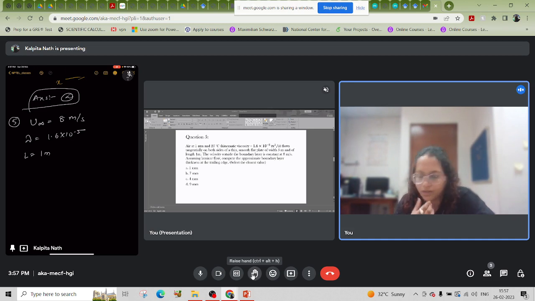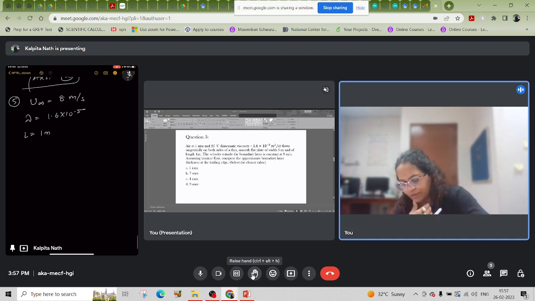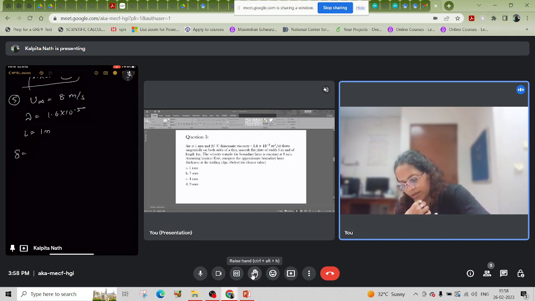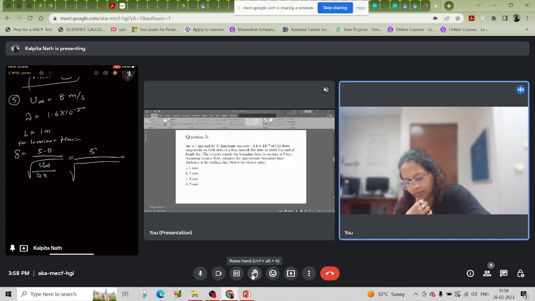It's given, right? So therefore delta, and it is already said that the flow is laminar. So for laminar flow, delta is 5.0 by root over u infinity by nu x. That is 5 by root over 8 by 1.6 into 10 to the power minus 5 into 1.